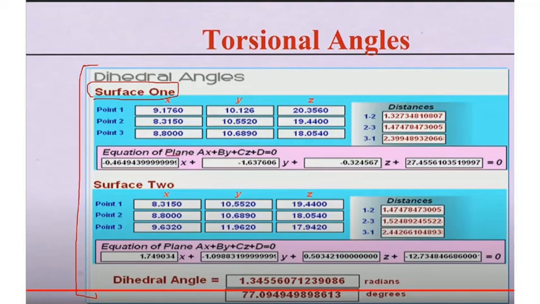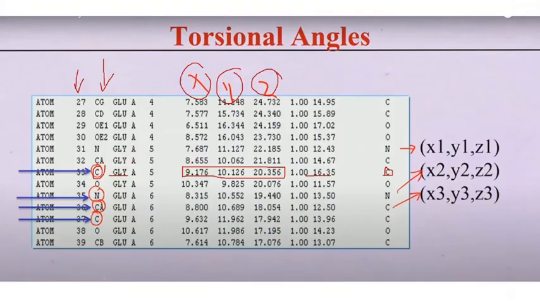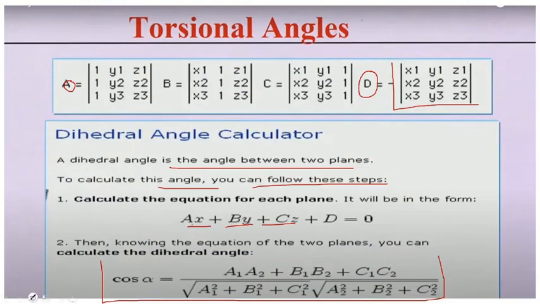The equation of the plane is ax + by + cz + d = 0. Based on the equation, we get this particular value. Then for surface 2, we get the equation of this surface. If we calculate both equations and depict the dihedral angle, remember this equation, right?